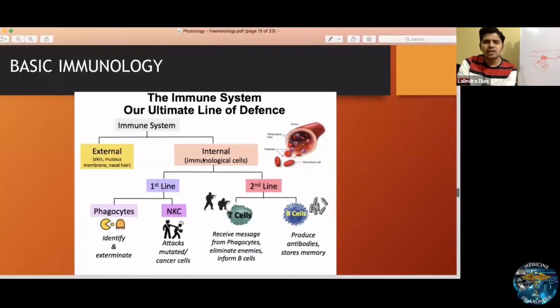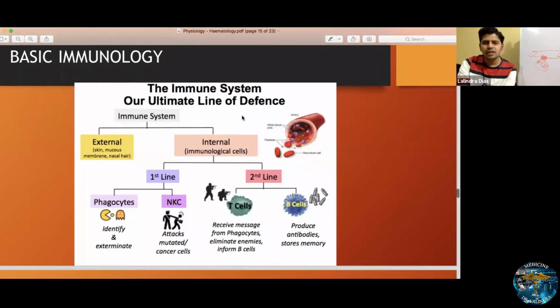So basic immunology, the immune system, our ultimate line of defense. Now, when you take the immune system, there's an external component and an internal component. The external component is the skin. This skin is a huge immune barrier, isn't it? If we did not have our skin, what would happen? All the bacteria, viruses, fungi, parasites, worms, snakes, dogs, cats, everything would enter our body and eat us into pieces.